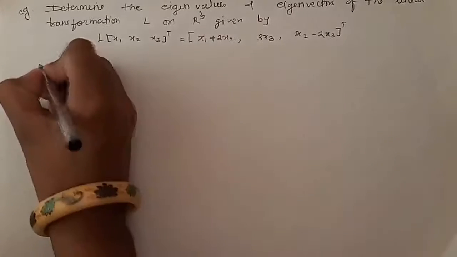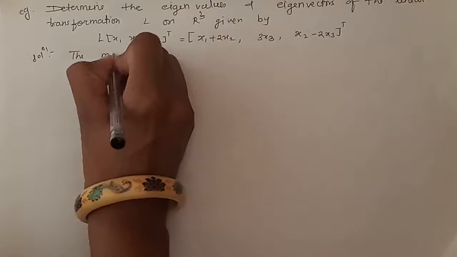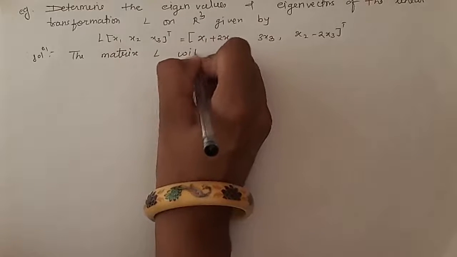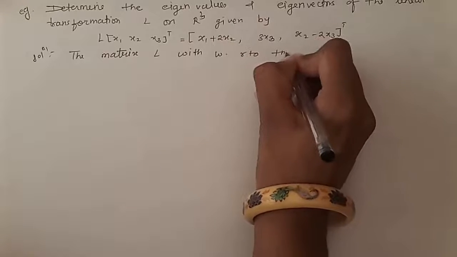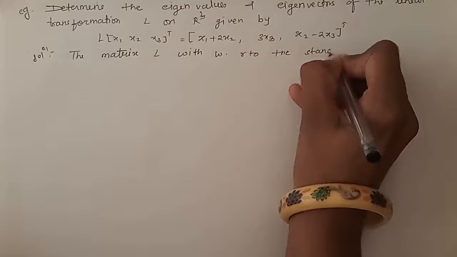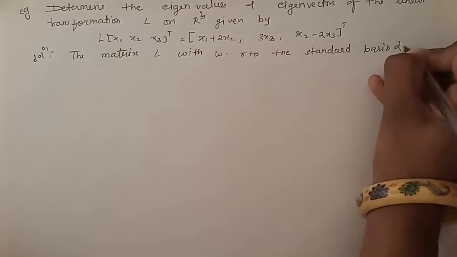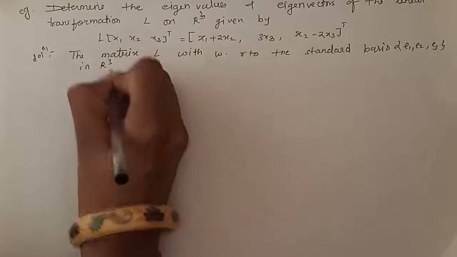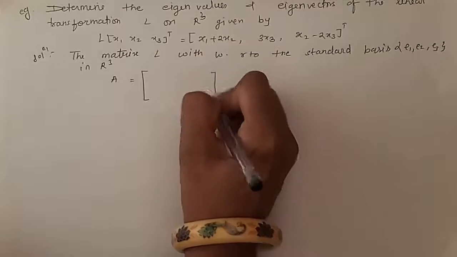Now for the solution, the matrix of L with respect to the standard basis E1, E2, E3 in R3, we have a matrix A which we are forming from the definition.